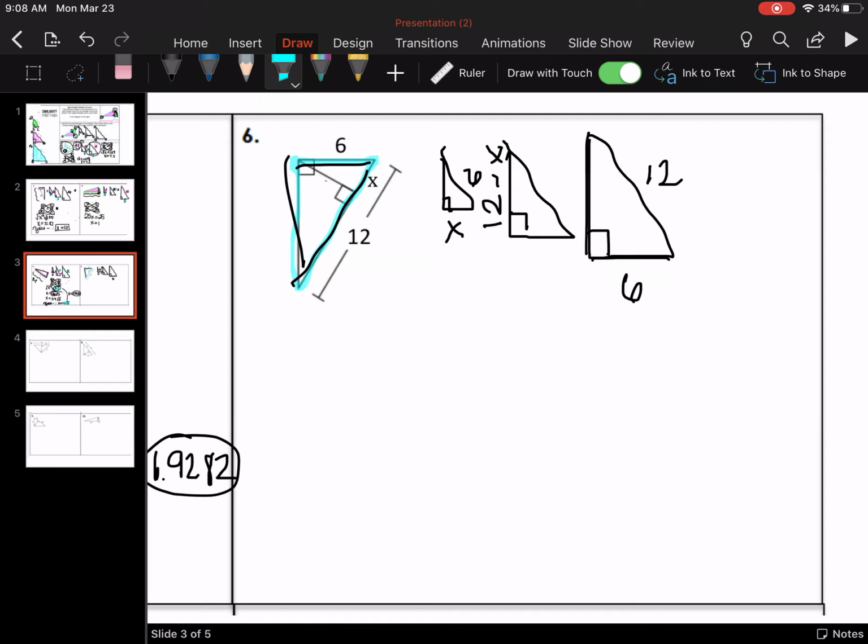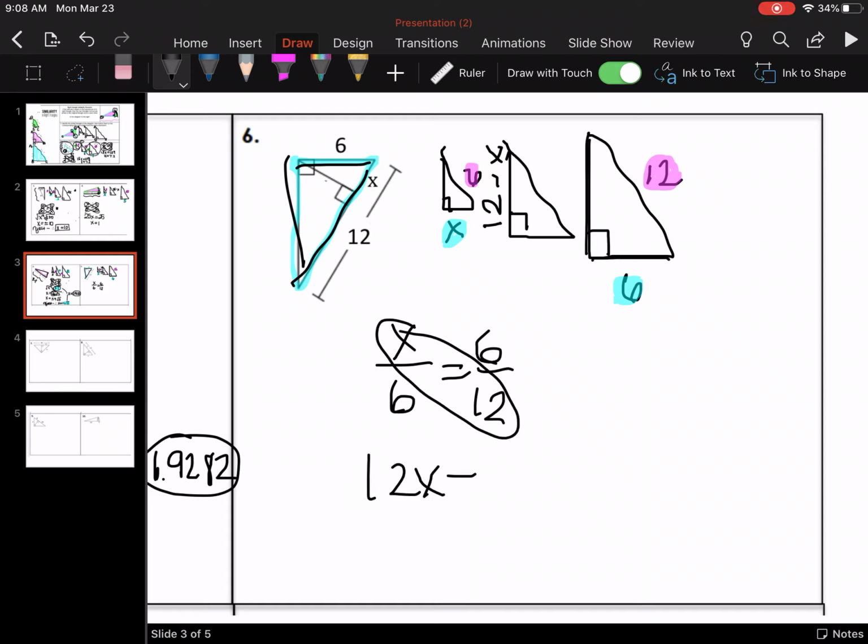Hope you see the pair. We got our bottom x, bottom 6, hypotenuse 6, hypotenuse 12. So x over 6 equals 6 over 12. We're going to cross multiply here, 12 times x. 12x, 6 times 6, 36, divided by 12, x is equal to 3.